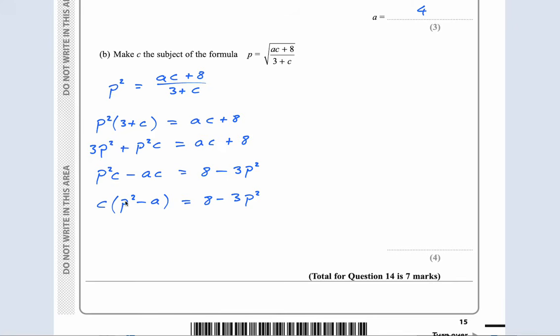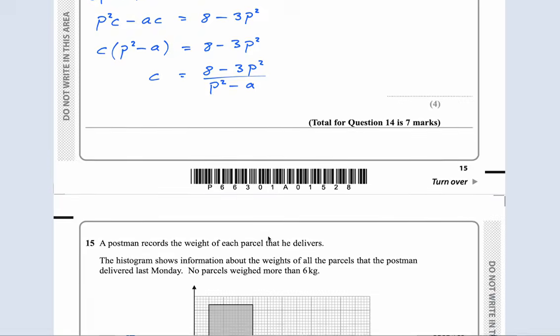Finally, divide both sides by p squared minus a. So c is equal to 8 minus 3p squared over p squared minus a. And that is it. Finished.